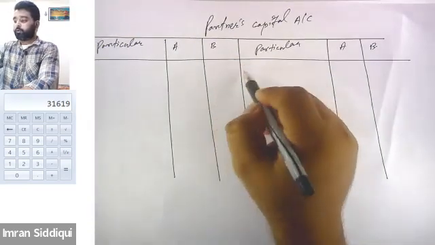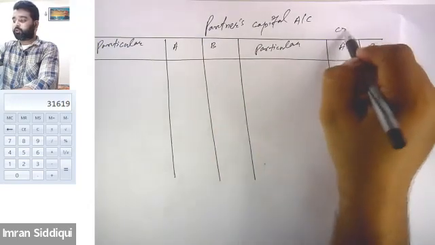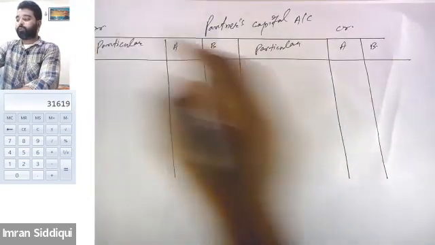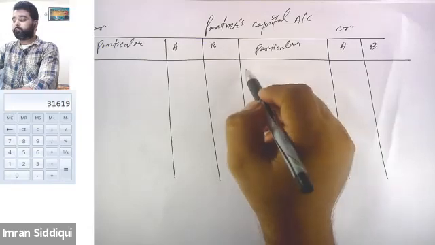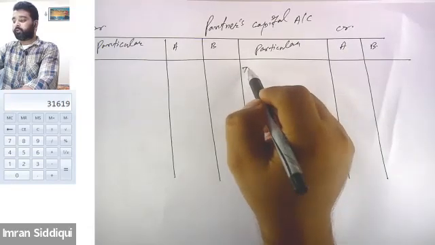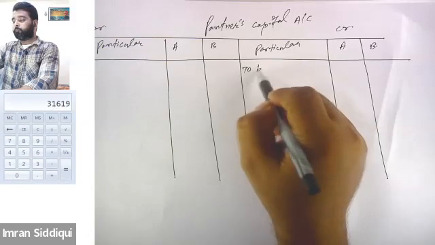Now, on the credit side, first of all, we will record their opening capital balances. Whenever you write the opening capital balance, you write it in this format: to balance b/d.